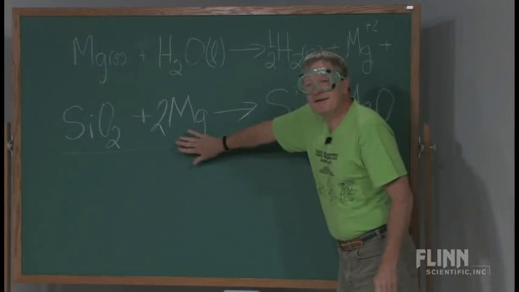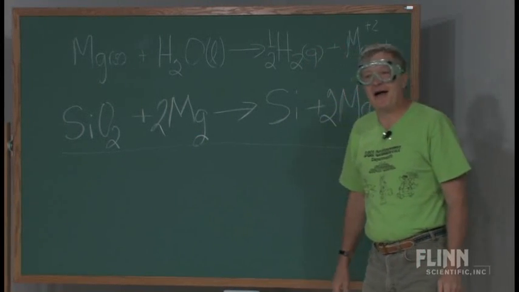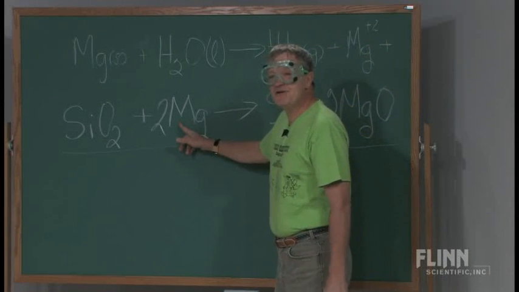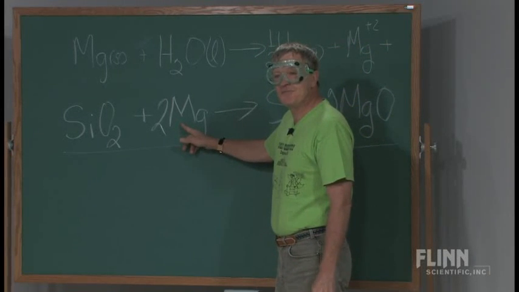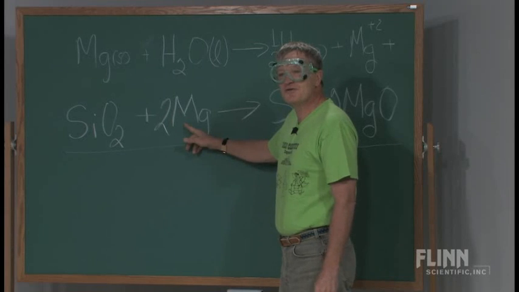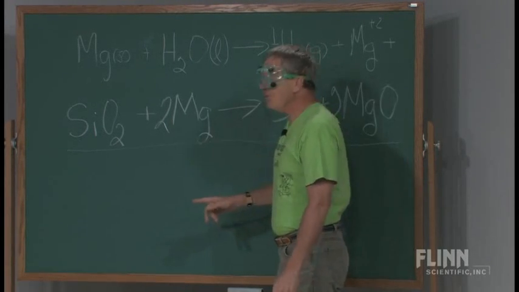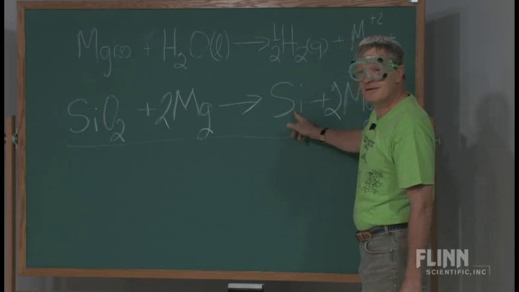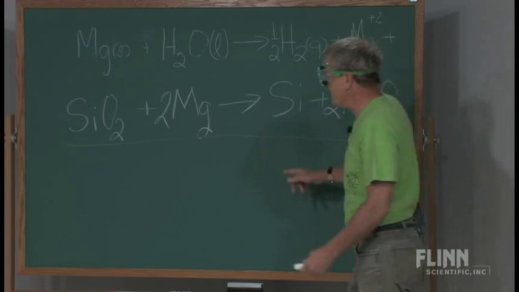In this one, it turns out there's some side reactions. And one of the side reactions is really neat. Once the magnesium can't find any more oxygen from the sand, it starts looking for something else to react with. Well, what else is in there? Well, I made some silicon. So the magnesium reacts with silicon.